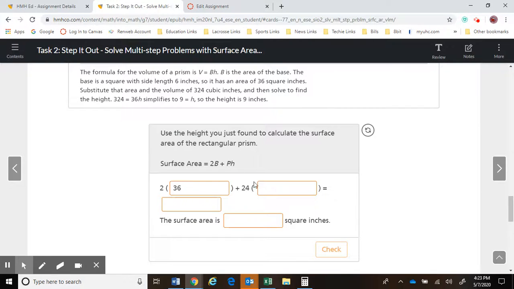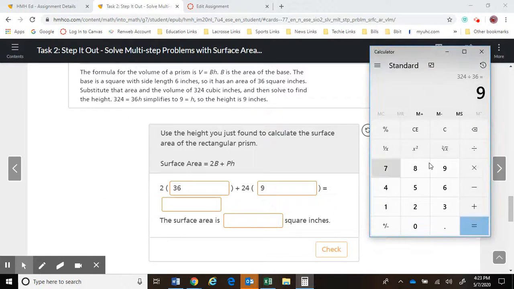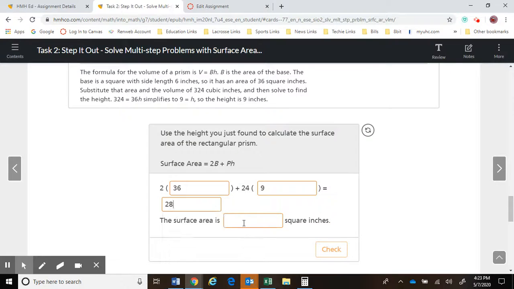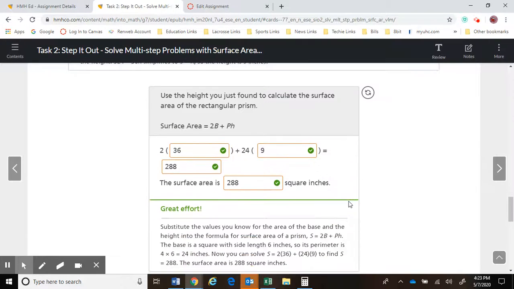And then my height we just found was 9. So let's do all that math. 24 times 9, that's 216, right? And then plus 2 times 36, and that's 72. Plus 72, that's 288. So surface area is 288 square inches.